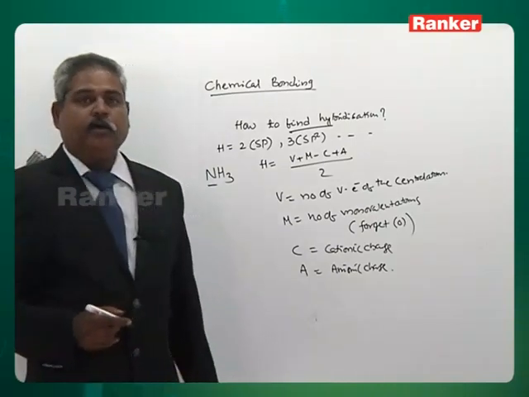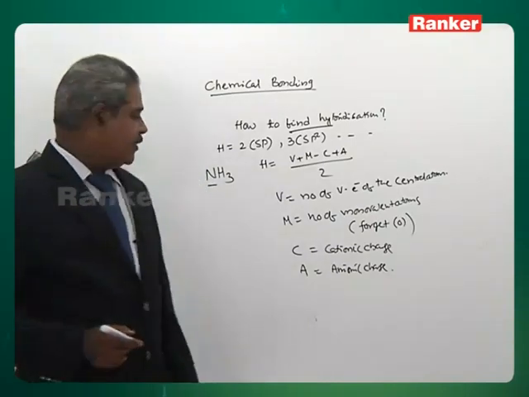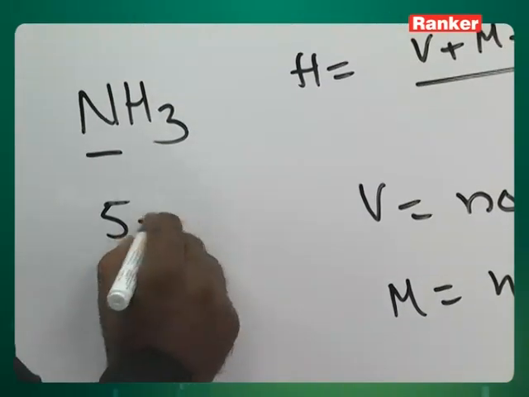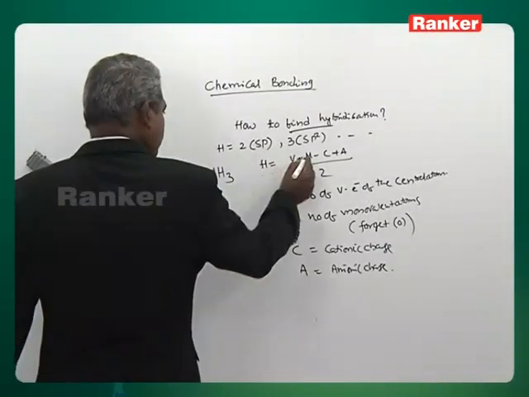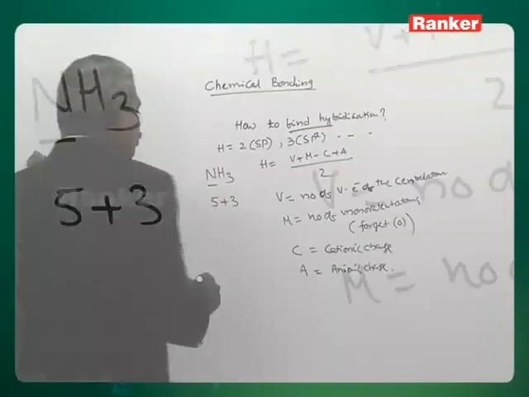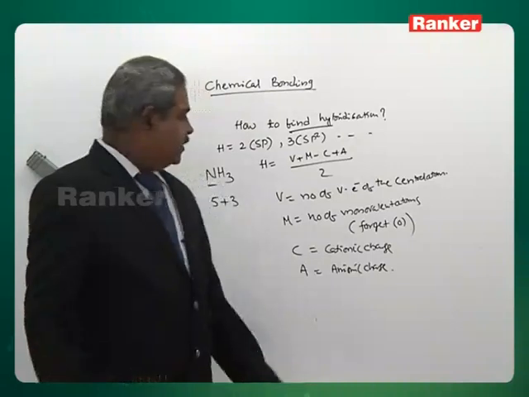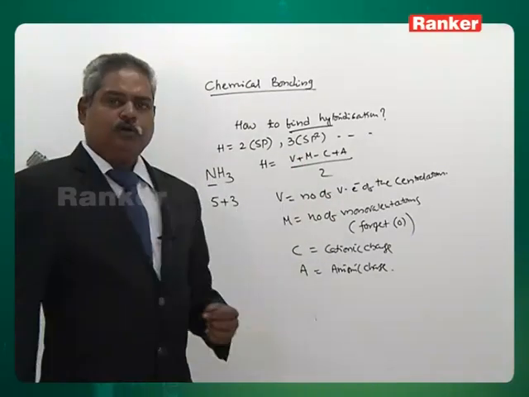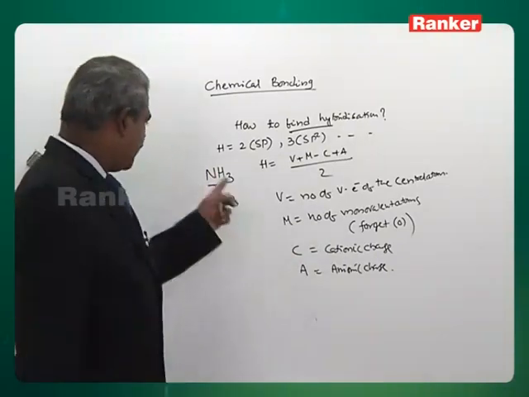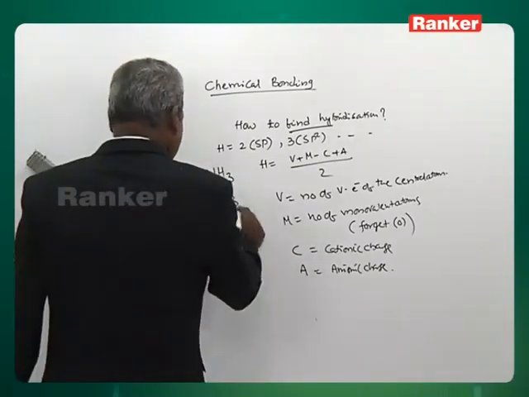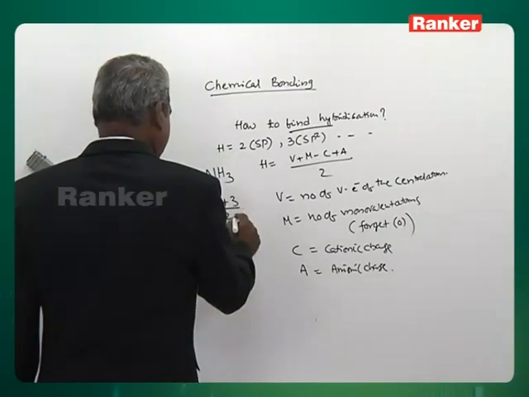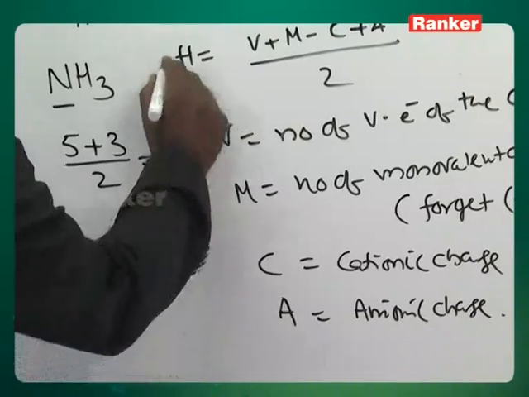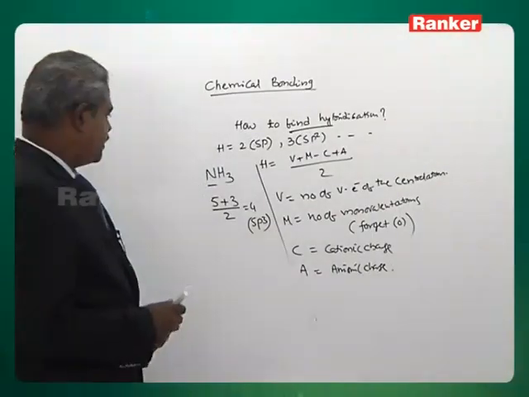That's why I said group number is extremely important. 5 plus monovalent atoms, 3 hydrogens. Hydrogen is monovalent, which means it forms one bond. This M suggests you don't consider oxygens, consider all others. 3 hydrogens, you have to consider them. 5 plus 3, by 2, is equal to 4. The hybridization is sp3. So the hybridization of nitrogen in ammonia is sp3.